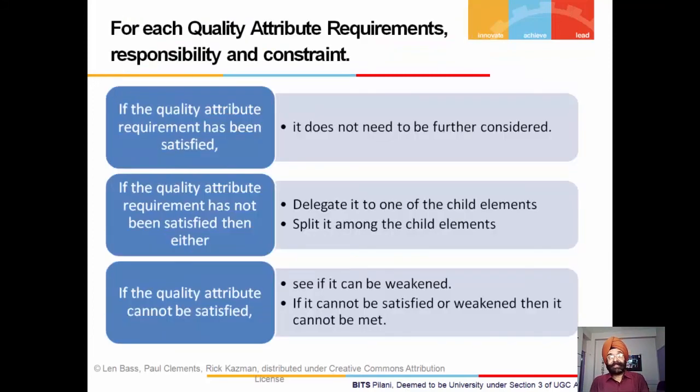For each quality attribute, a responsibility and constraint. These are what we work for. We have responsibilities, there are constraints, there are quality attribute requirements. If it has been satisfied, then we need not bother about it. If a quality attribute requirement has not been satisfied, you will either delegate it to a child or you split it among various modules. If it cannot be satisfied, we either weaken the requirement or we declare that it cannot be met.